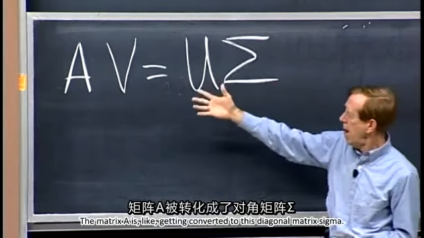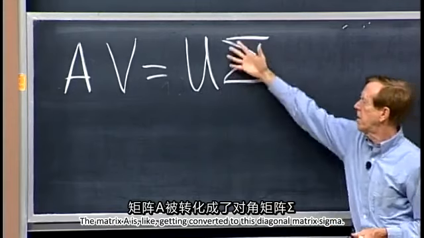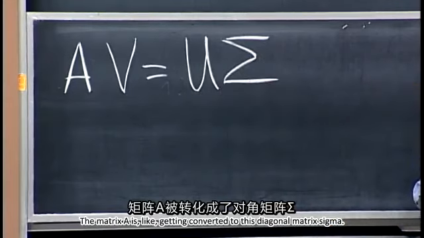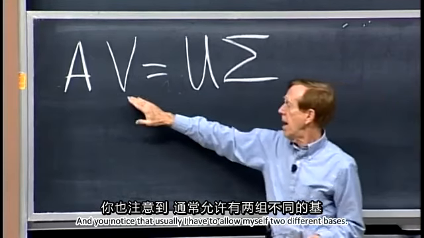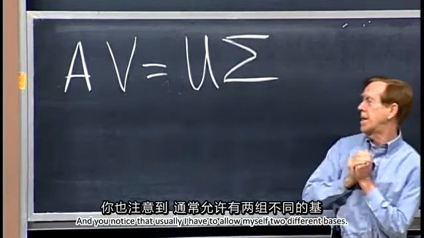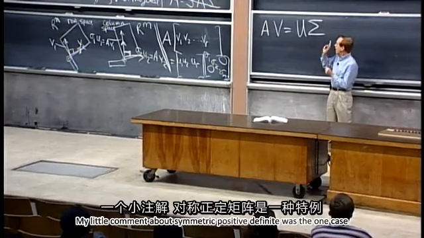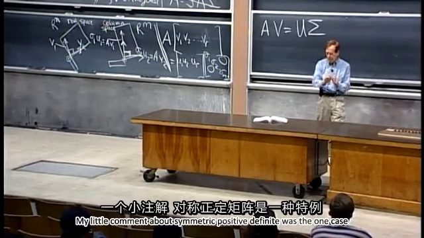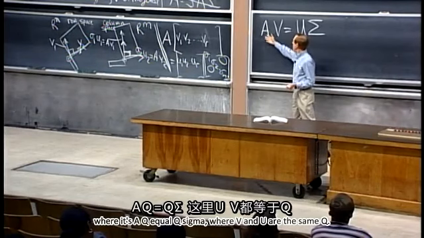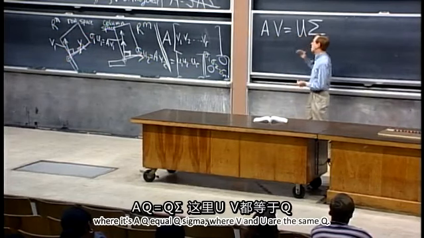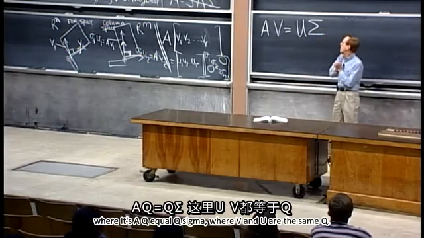The matrix A is like getting converted to this diagonal matrix sigma. And you notice that usually I have to allow myself two different bases. My little comment about symmetric positive definite was the one case where it's AQ equals Q sigma, where V and U are the same Q.